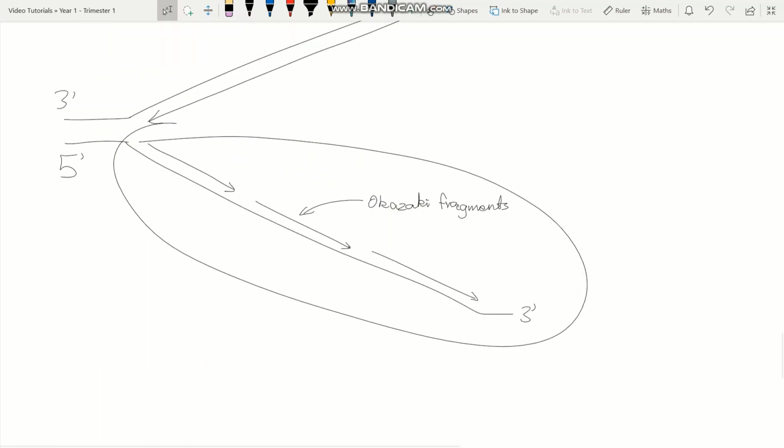However, say for example, the DNA polymerase enzyme has already worked on this section of DNA, and the new section it starts working on is starting from here. Well, what happens in that case is that the DNA polymerase 3 enzyme moves towards this direction and stops when it reaches here.